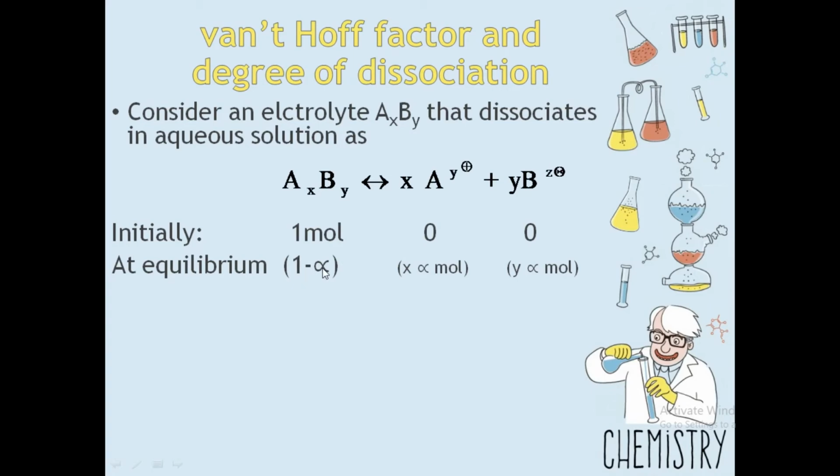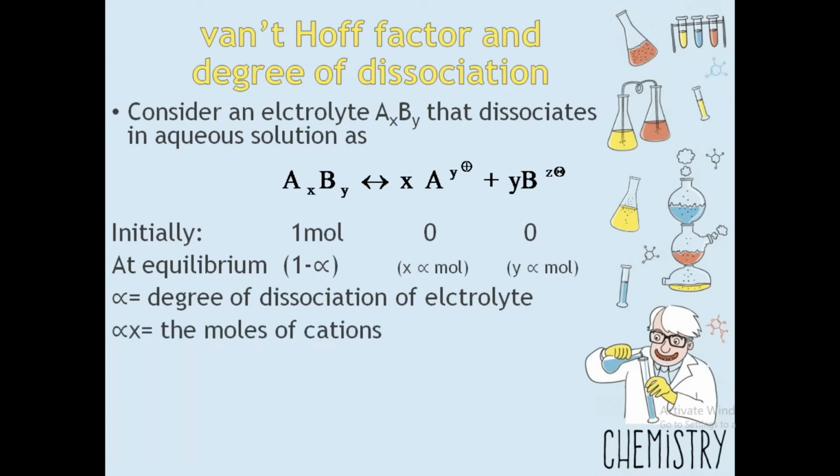So 1 minus alpha remain, and alpha moles of solute produce x alpha moles of A^y+ and y alpha moles of B^z-. Here alpha is the degree of dissociation of electrolyte. Alpha x is the moles of cation. Alpha y is the moles of anion.